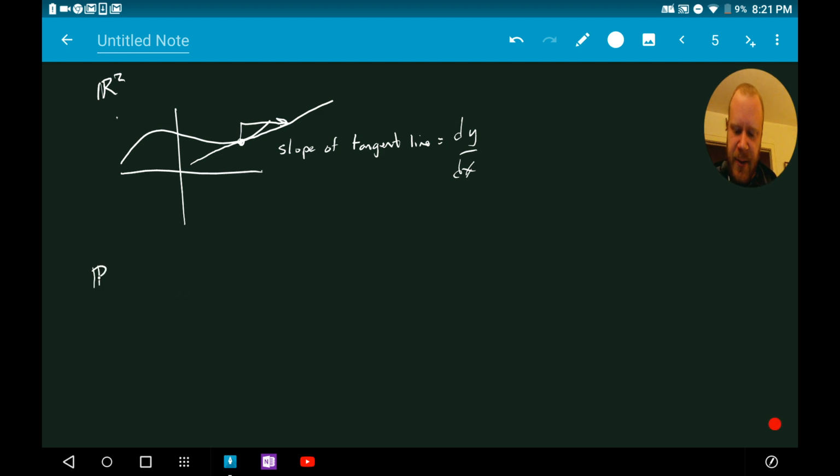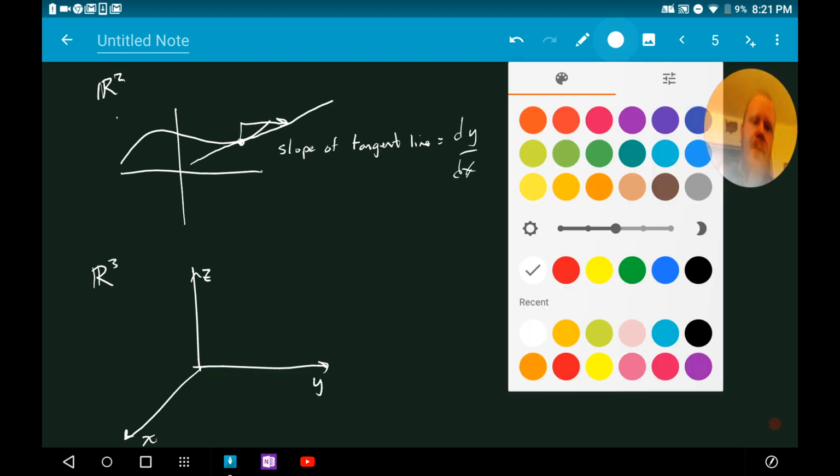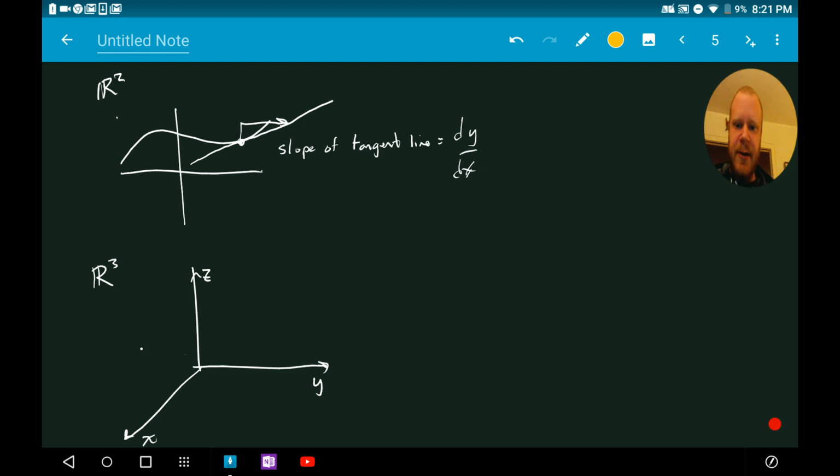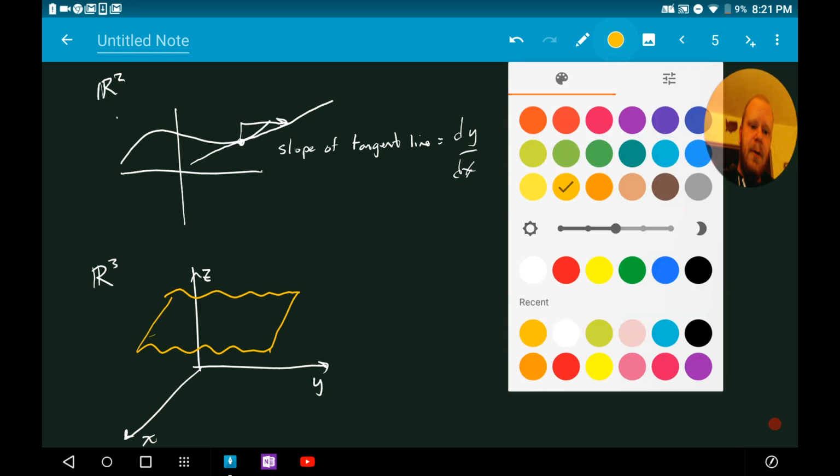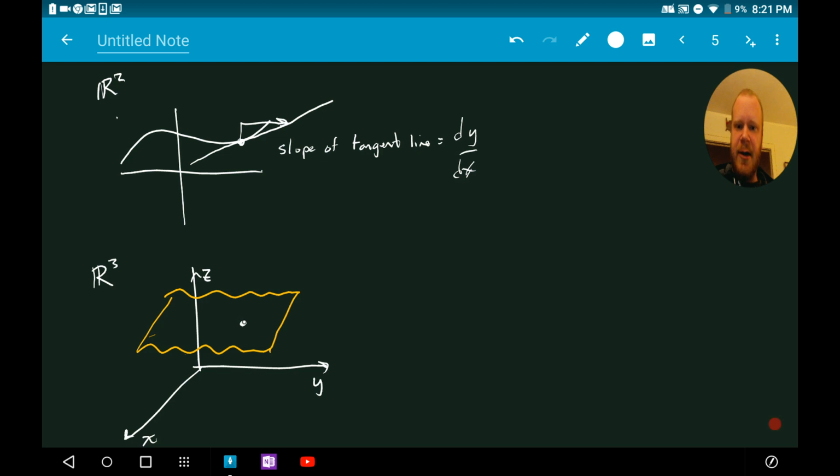In R3, very similar concept. Except here, instead of a curve, we have a surface. And I'll make that same point here. Let's say I have some x and y point, and I evaluate the function there.